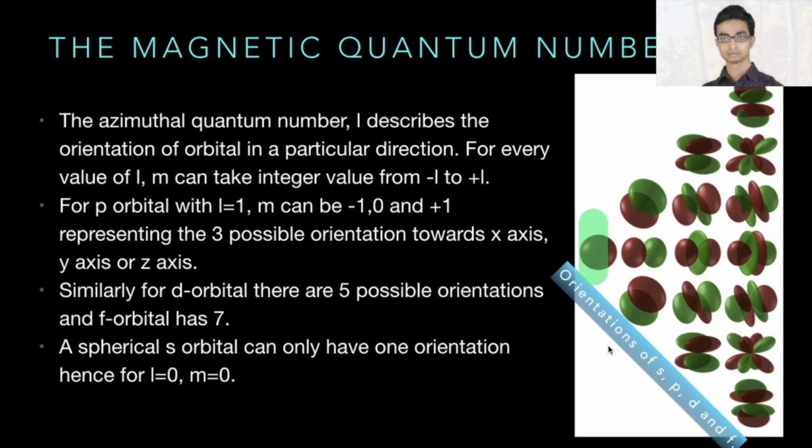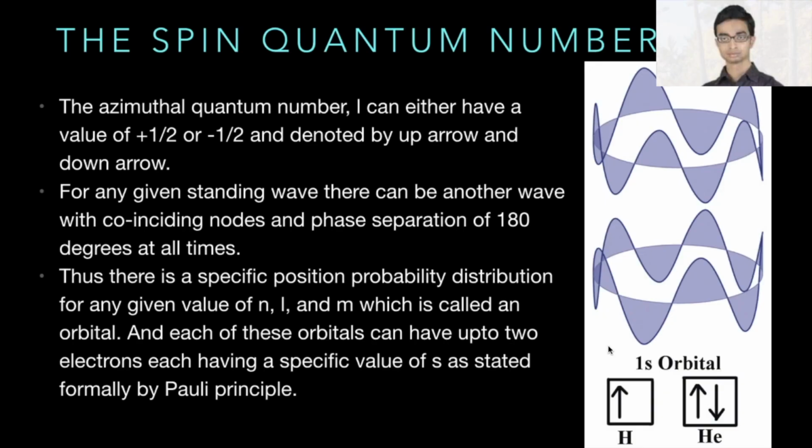Lastly, there is a spin quantum number, S, which can either have a value of plus half or minus half, denoted by an up arrow and a down arrow respectively. It points towards the fact that for any given standing wave, there can be another wave with coinciding nodes and a phase separation of 180 degrees at all times.